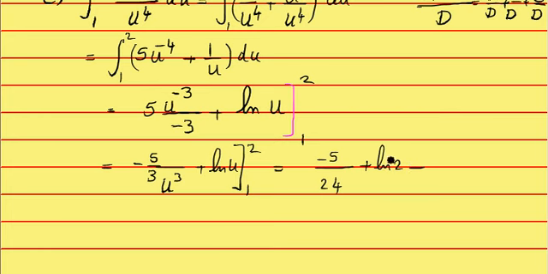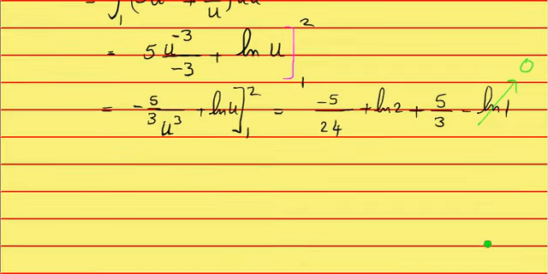Plugging 1 in, minus and minus makes plus 5/3 minus logarithm of 1. Now you remember logarithm of 1 is just 0, so we are left with these two fractions. I write 5/3 minus 5/24 plus logarithm of 2.